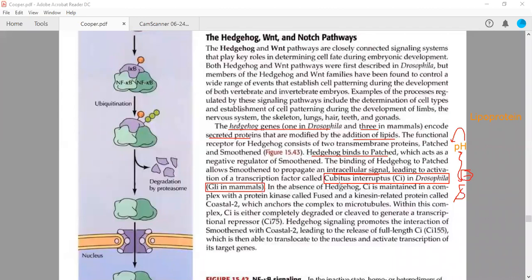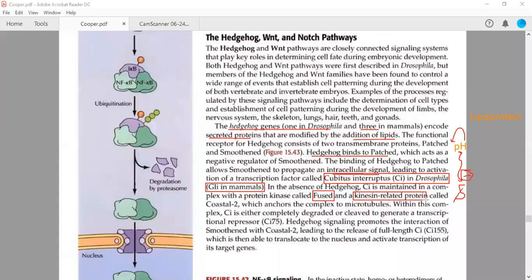In the absence of this lipoprotein, Cubitus interruptus is maintained in a complex with a protein kinase called fused, which creates phosphorylation, and a kinesin related protein, costal 2.